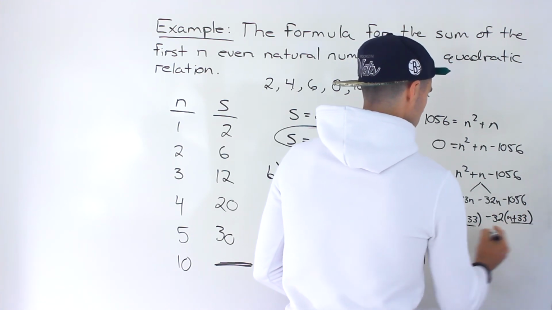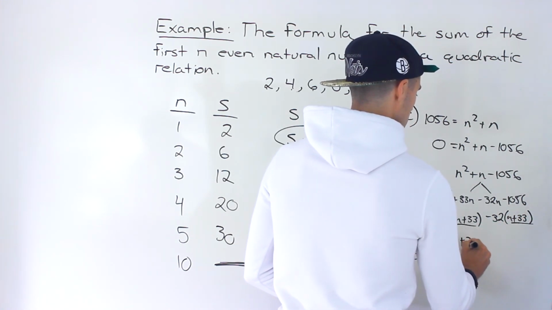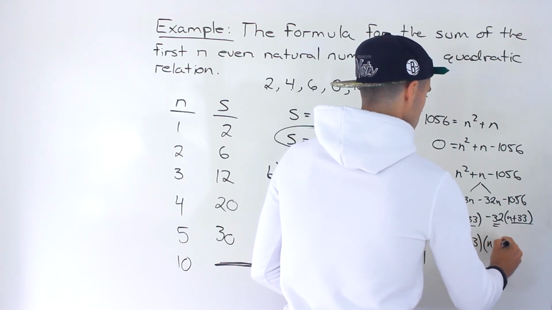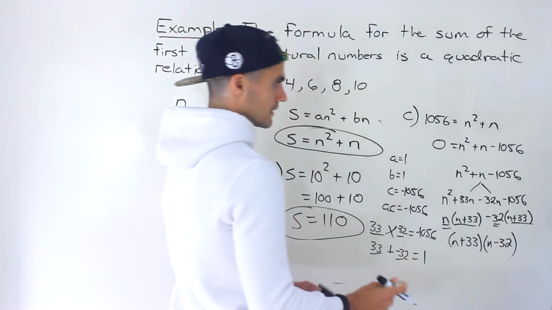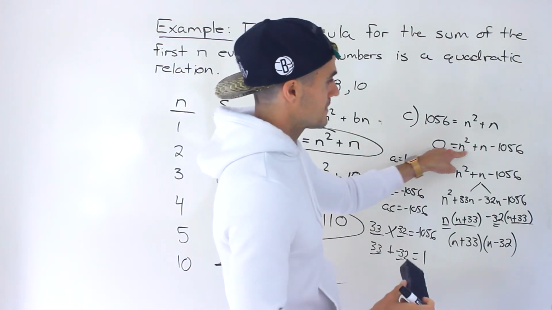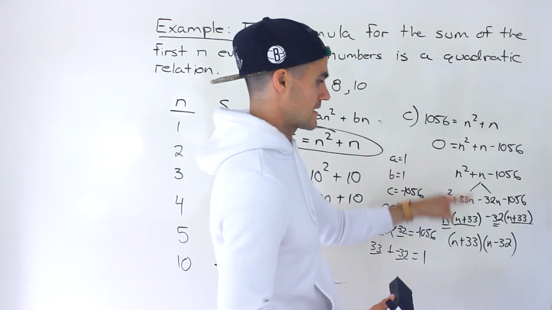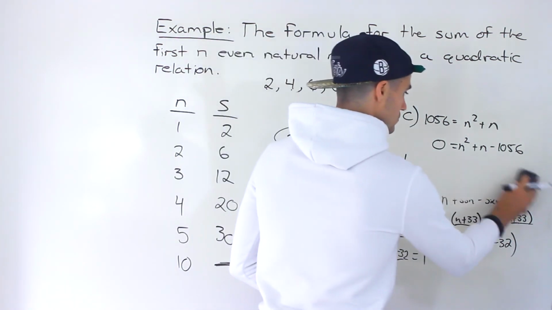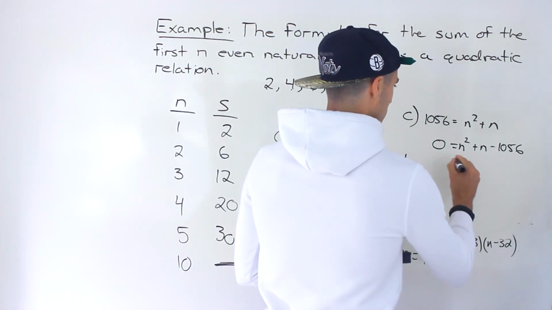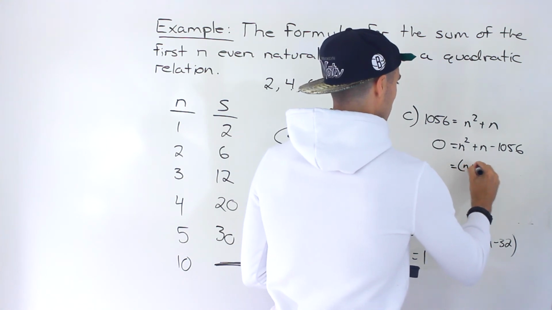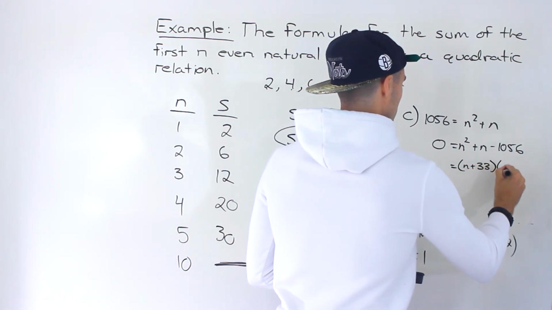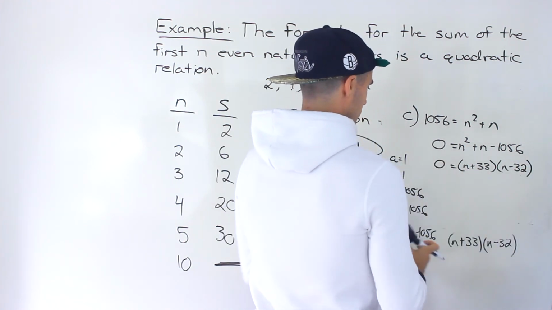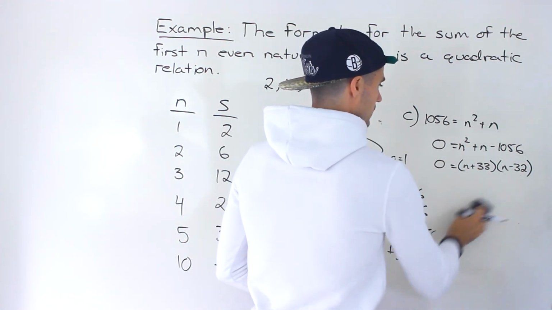Then we could take out an n plus 33, and we're left with an n minus 32, like that. Okay, so whichever way you go about it, this quadratic on the right side factors into those two brackets. So, writing that down over here, we end up with that like this.